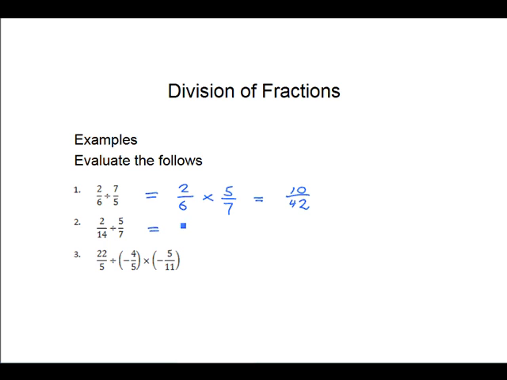Okay, the next one. Let's change the division into multiplication by inverting. So it comes as 7 over 5. Now we do what we did in multiplication. We can cancel where we can. So there, 7 goes into 14 twice. Write it out again.